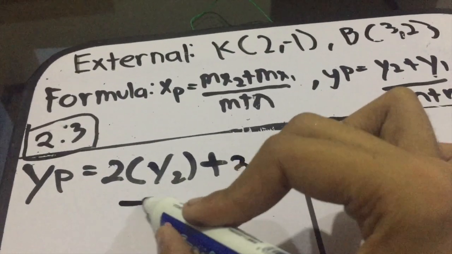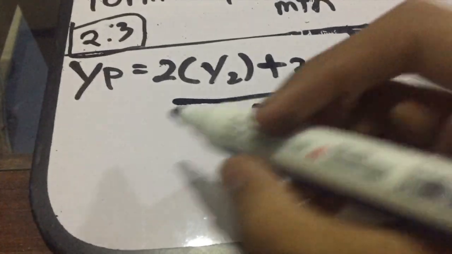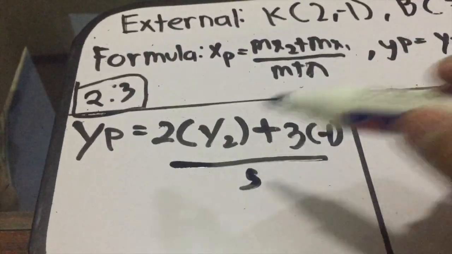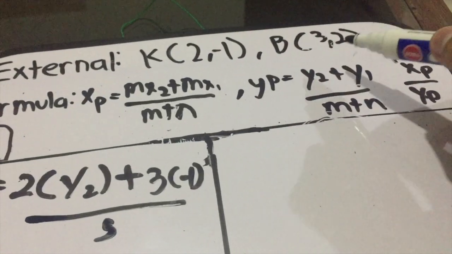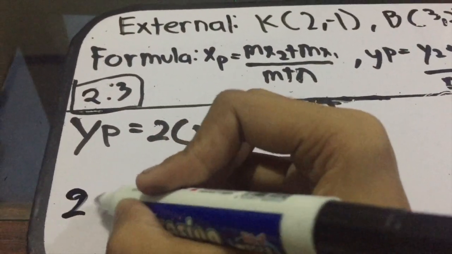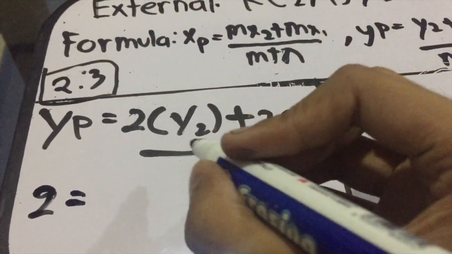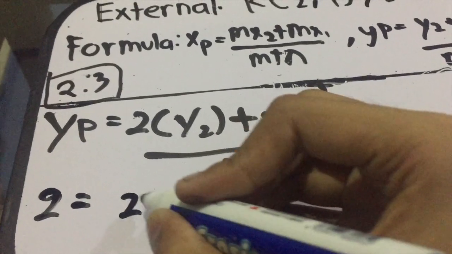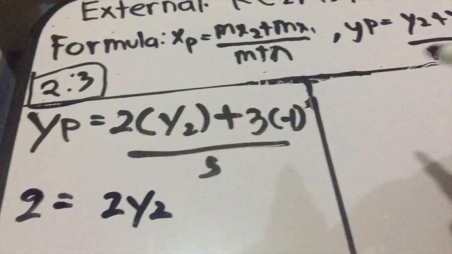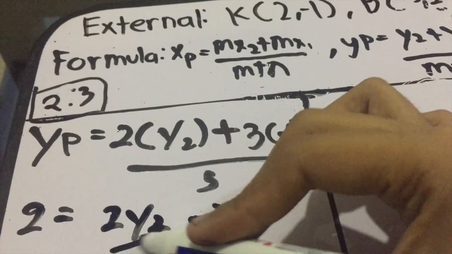Then m plus n is 2 plus 3, which is 5. So y sub p, we will substitute the point B, which is 2. So 2 is equal to, we will just multiply 2 and y sub 2, so 2 y sub 2 plus negative 3, then over 5.